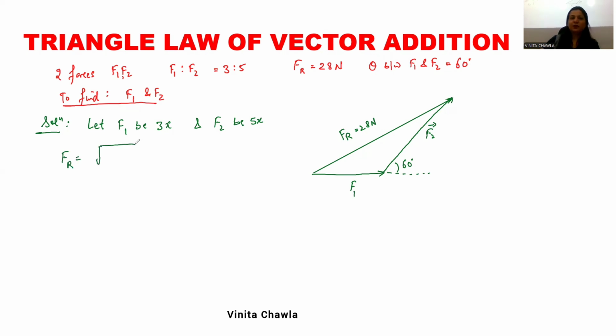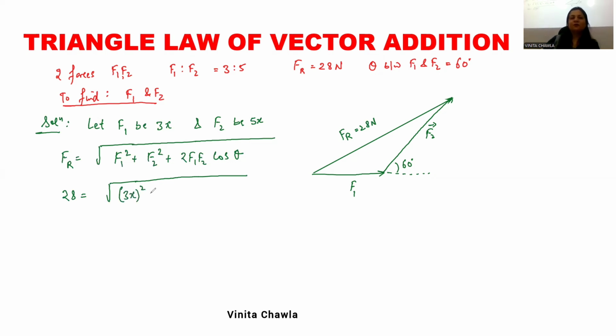As square root of F1 square plus F2 square plus 2 F1 F2 cos theta. Now put the values here. 28 is equal to square root of F1 square is 3x whole square, F2 square is 5x whole square, plus 2 times F1 which is 3x, F2 which is 5x, cos 60 degrees.